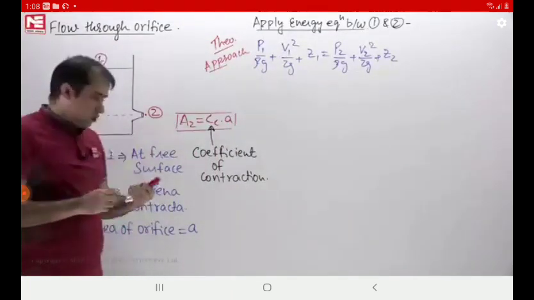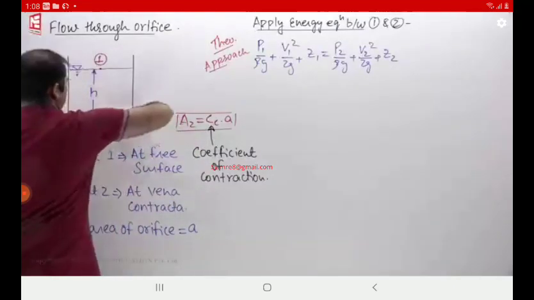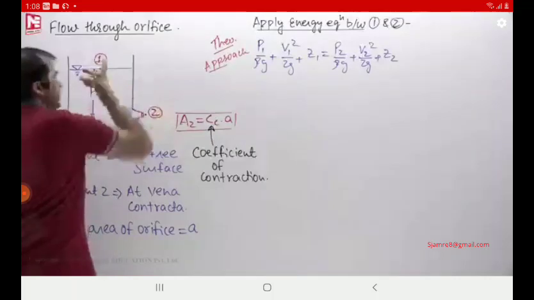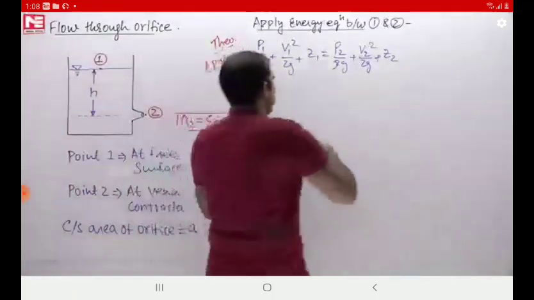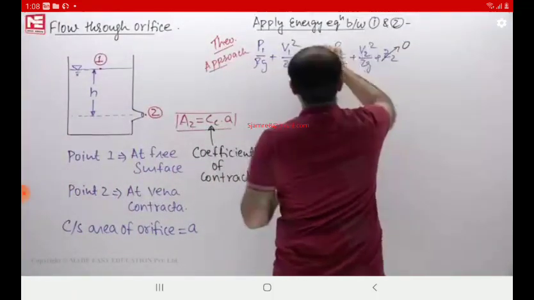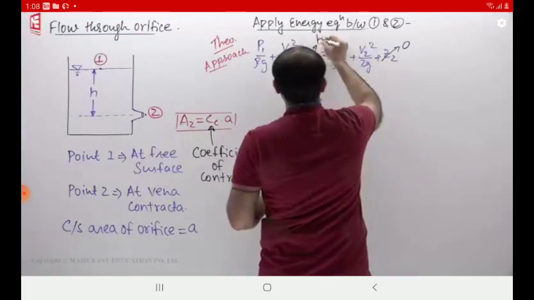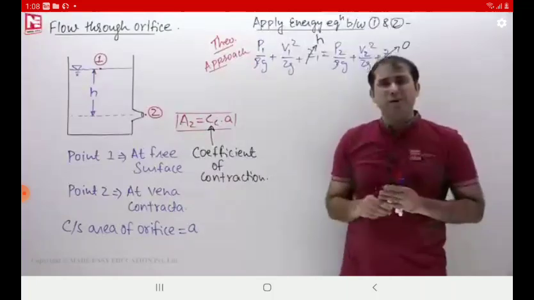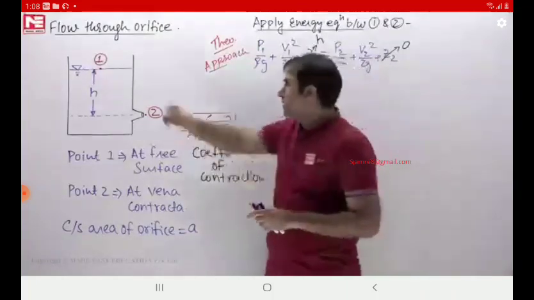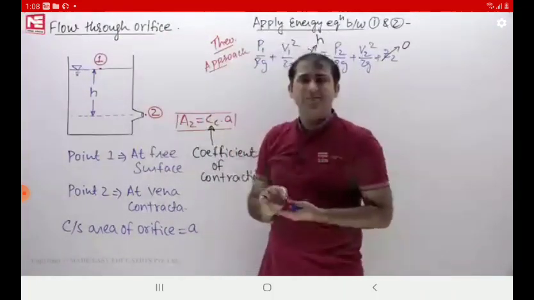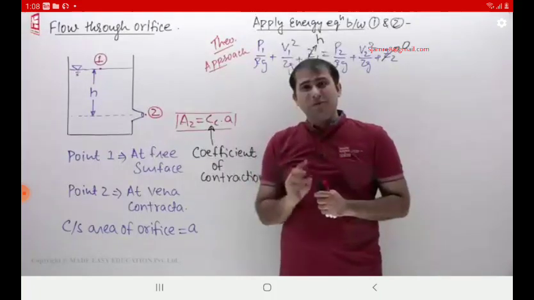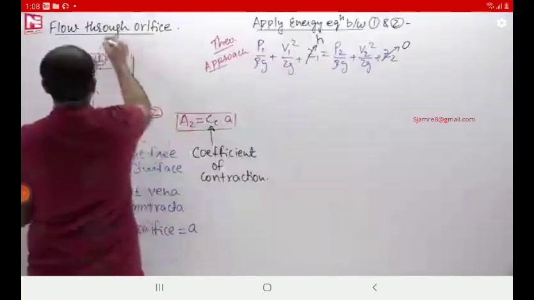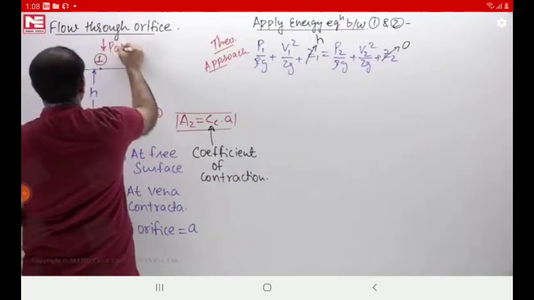So I have taken Z2 as 0, and Z1 is H. Now tell me what the pressure condition here is. At 1 the pressure is P atm.